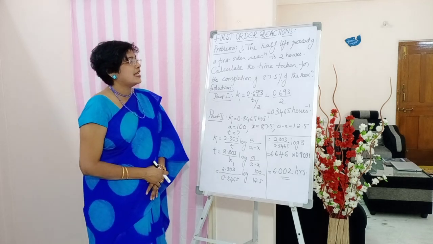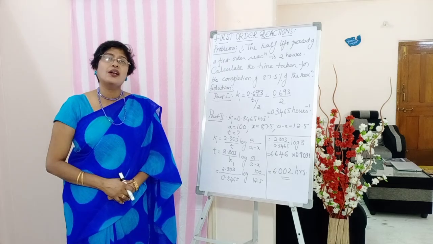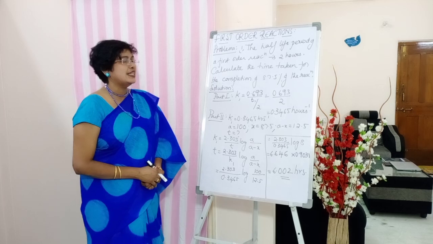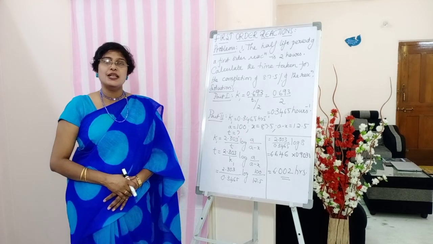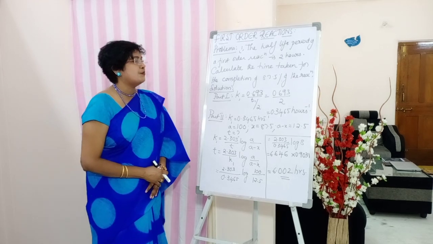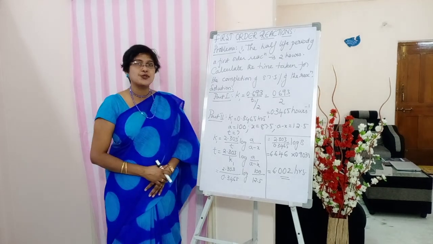So 0.693 by 2, when we divide, we get the answer as 0.3465. Don't forget to write the units, students. That is hours inverse, because the unit of K1 is time inverse. Here the time is mentioned in hours. So 0.3465 hours inverse.